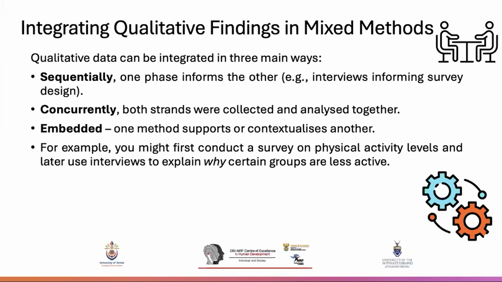For example, if we conduct a survey on physical activity levels, we can later use interviews to explain why certain groups are less active. And that's the integration that I'm talking about, and the different ways you can apply this integration of qualitative findings in mixed methodology.